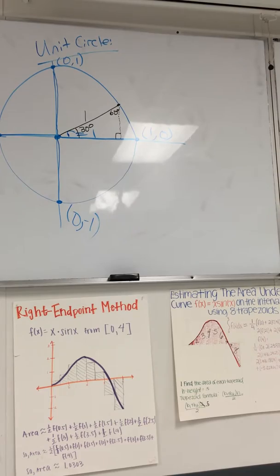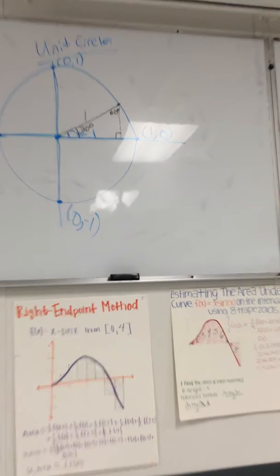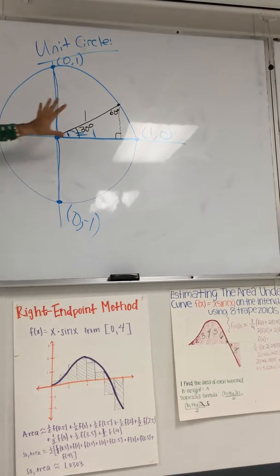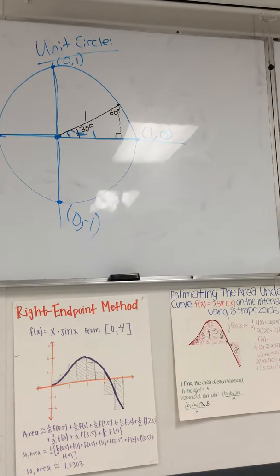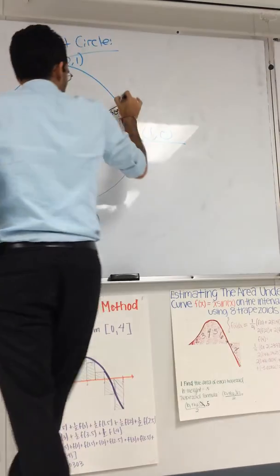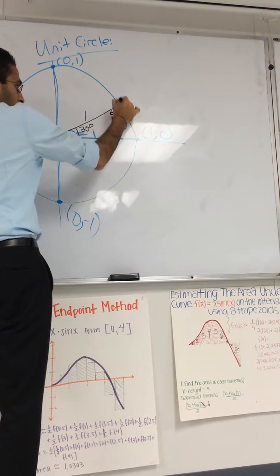I hope, and this is the big leap, and if you can make this leap, you're totally good, that you see that this is just this turned on the side. That is all we've done. I've just drawn this triangle like that. All we did is we took this and said, let's draw it like this. So what does this length have to be right here? 1/2.